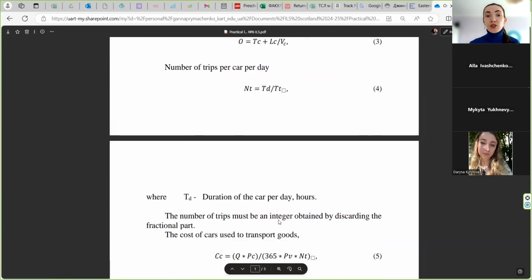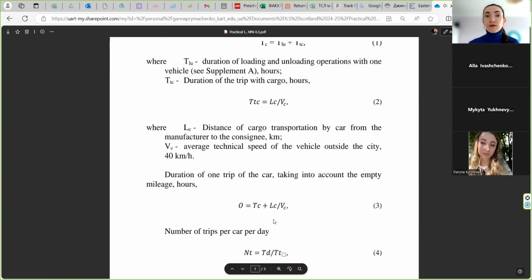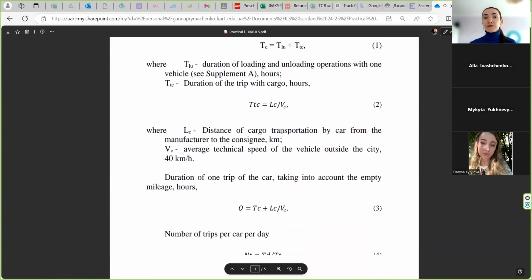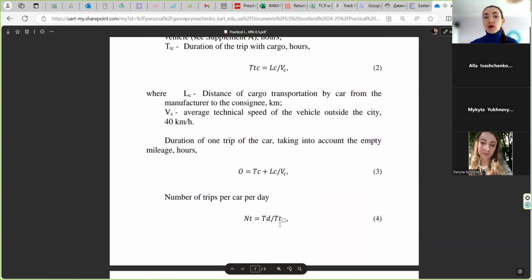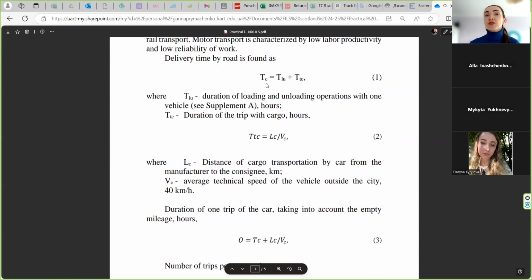T with index T, maybe I wrote this. It is our T with index C, the result of our formula number 1. How much time we need to deliver our cargo. So you need to use the result of formula number 1. It is T with index C.